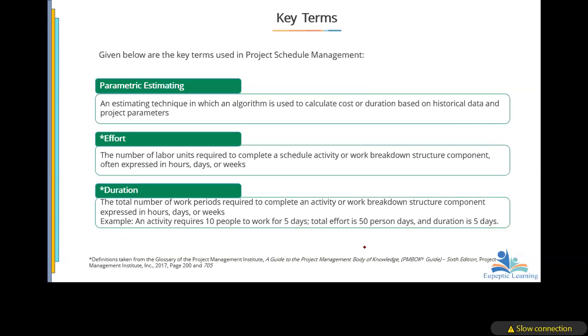Then we look at the types of estimate, where you want to know the duration and all that. We have the parametric estimate. Typically, with parametric estimate, we try to look at the historical data that we have and come out with a certain model, a mathematical algorithm, usually a formula.